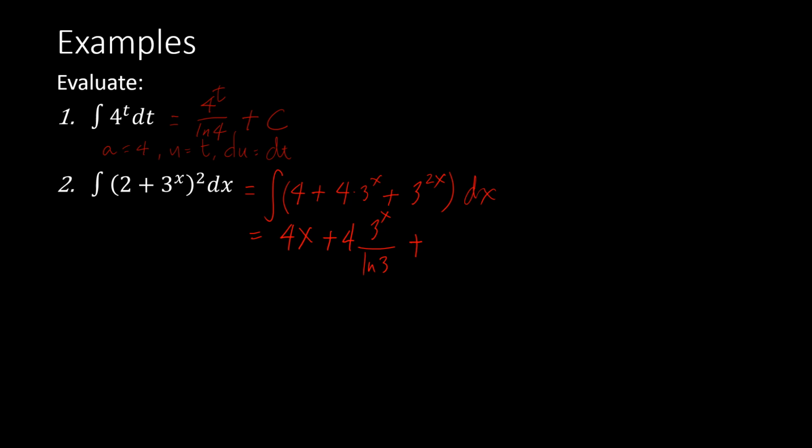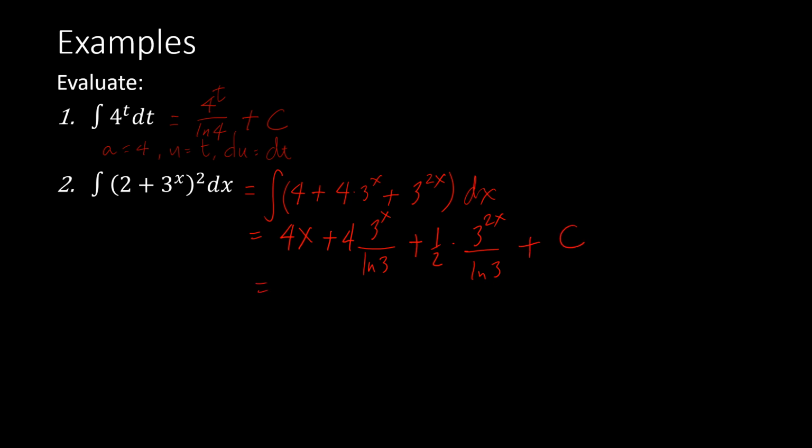Again, a is 3, your u is 2x, whose differential is 2 dx. So we need to complete our du, so we have to introduce 2, and as a consequence there will be 1/2 in our answer, and a to the u du gives us a to the u all over ln of a. In this case it is 3, plus the constant c.